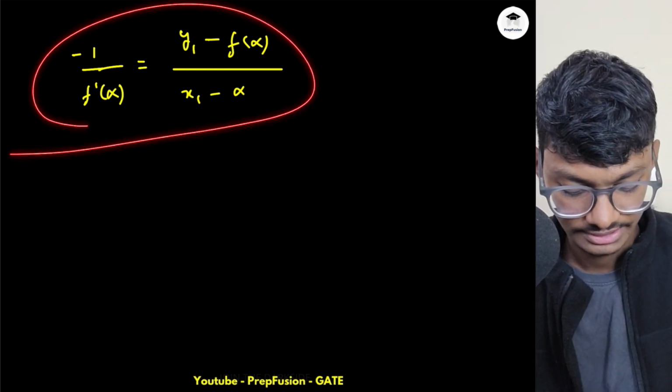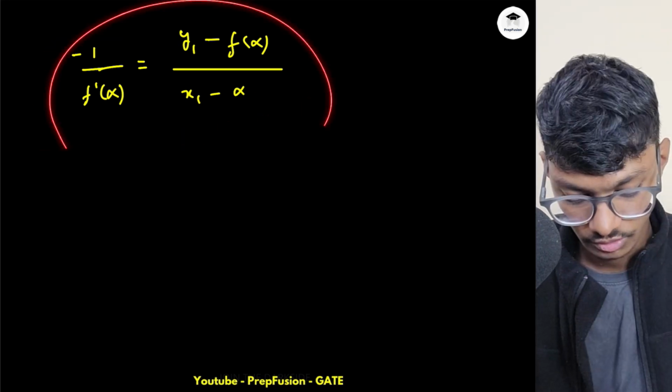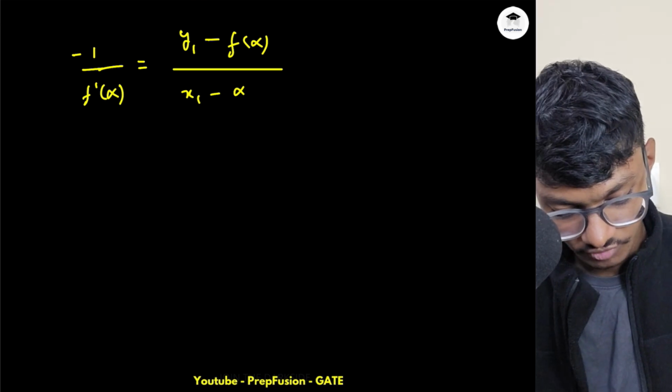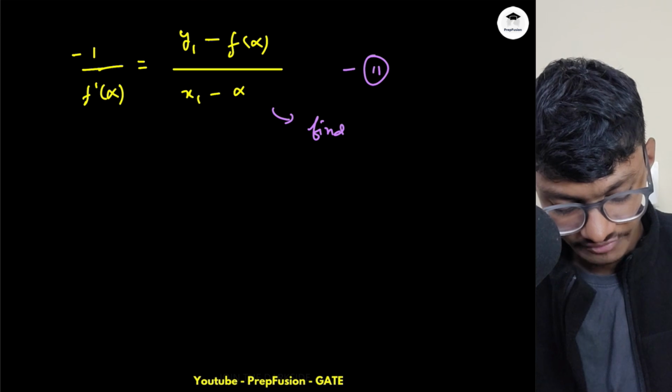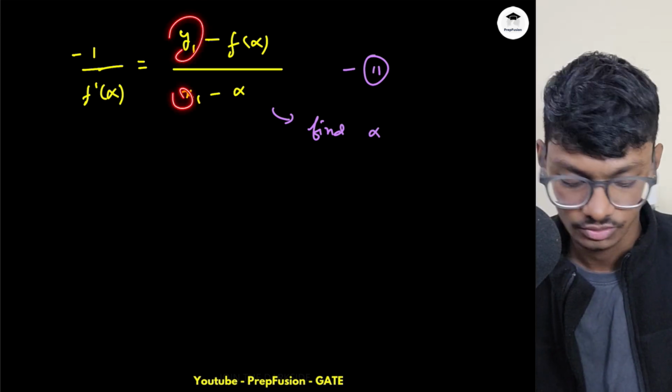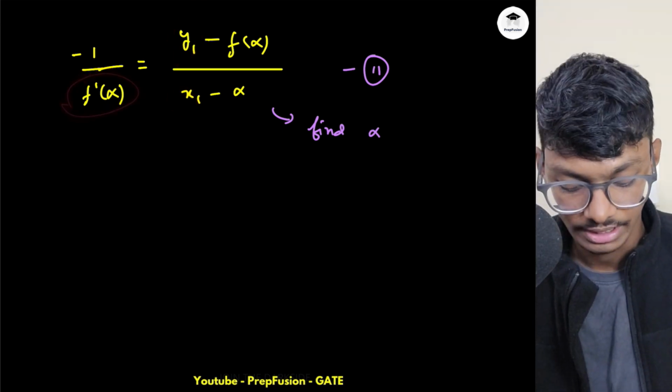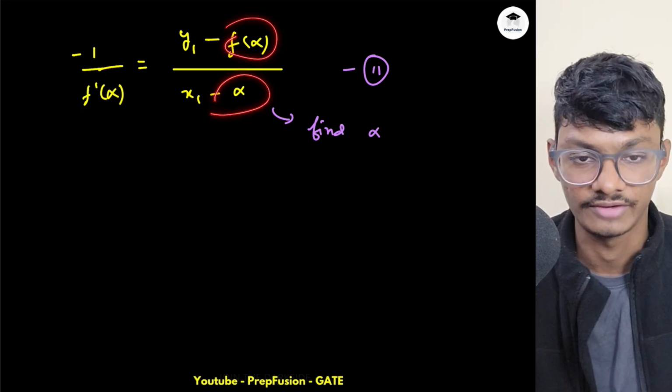From here again find alpha, because everything is known. y1, x1 is known, and f dash of alpha will be in terms of alpha, so there is only one unknown variable.